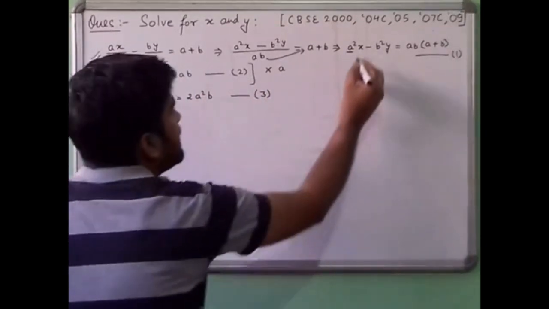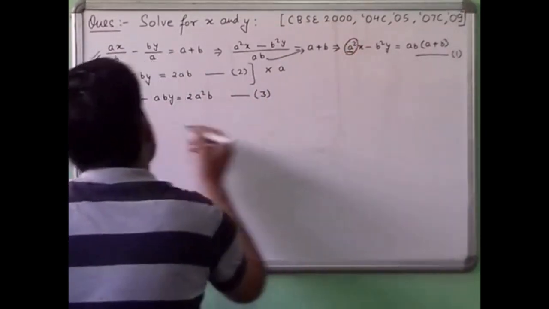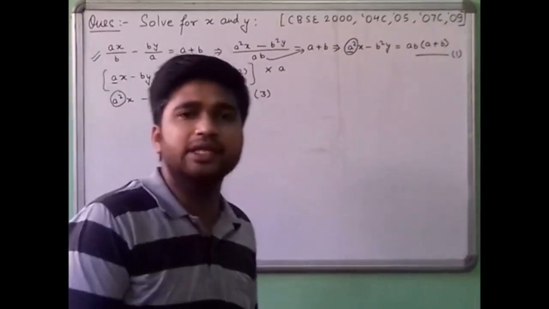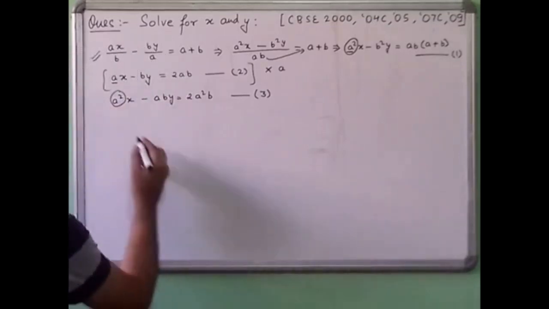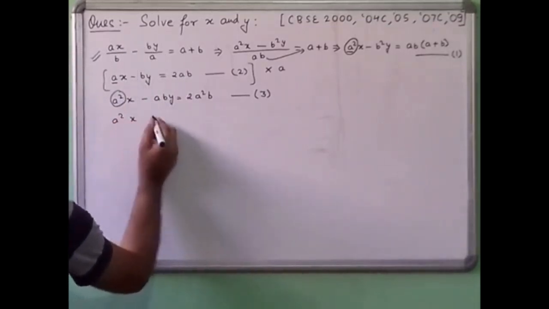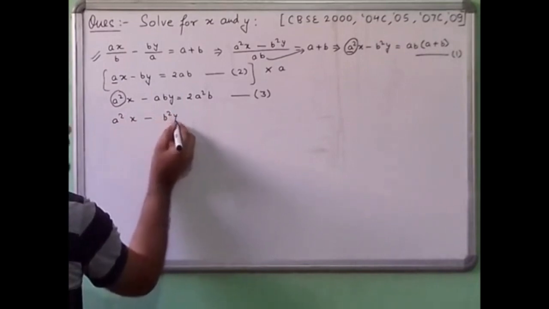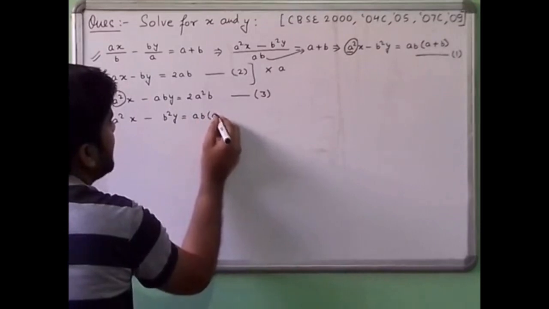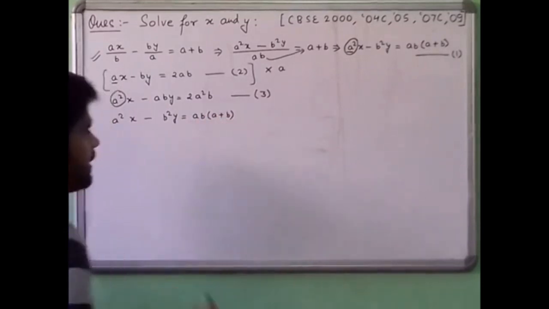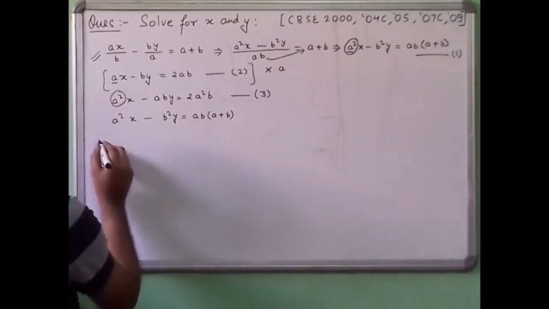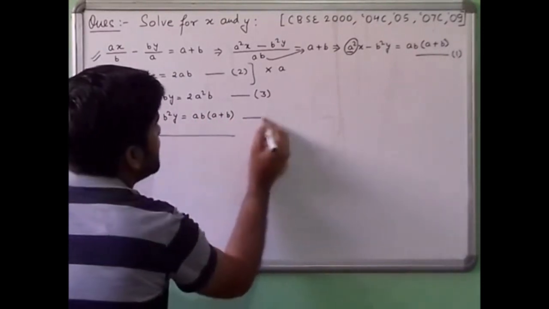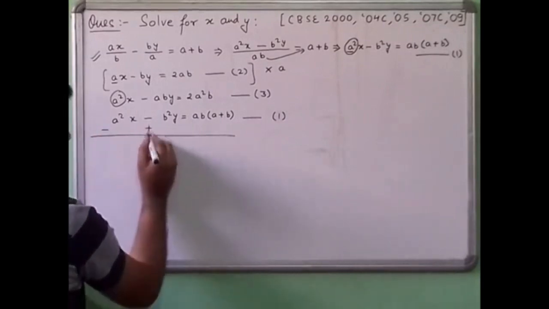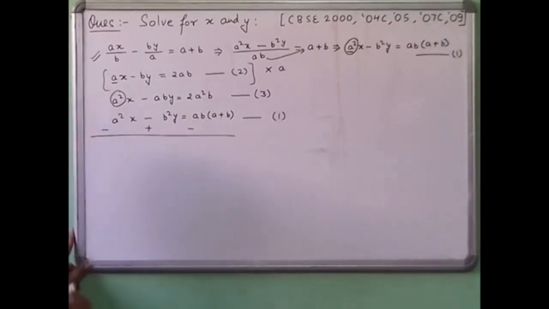We make the coefficients of x equal to each other and we use the elimination method. We write a square x minus b square y is equal to ab multiplied by a plus b. After this subtraction, this is minus sign, this is plus sign, this is minus sign.